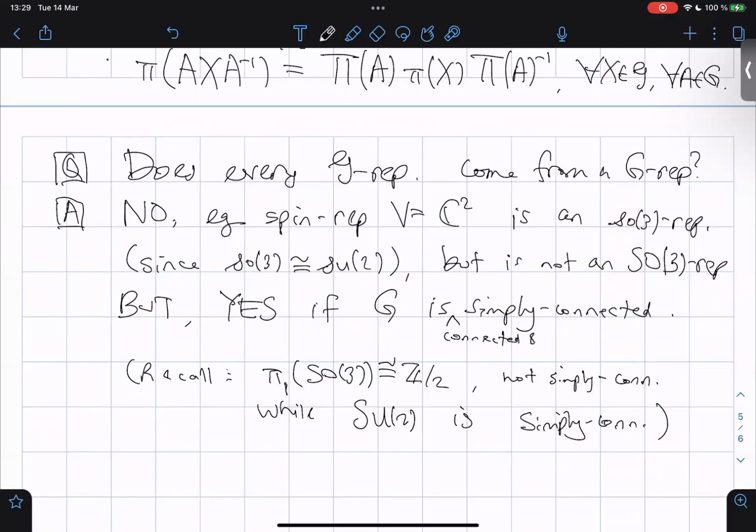Any questions? I'll focus on SU2 in more detail. Just use examples, a nice class of examples of these representations of SU2, in particular irreducible representations.